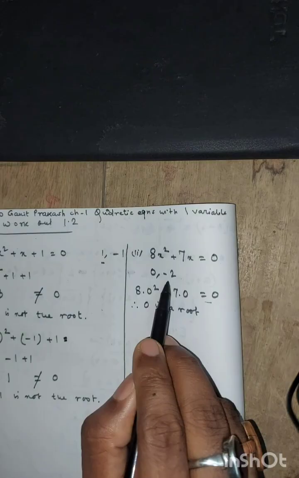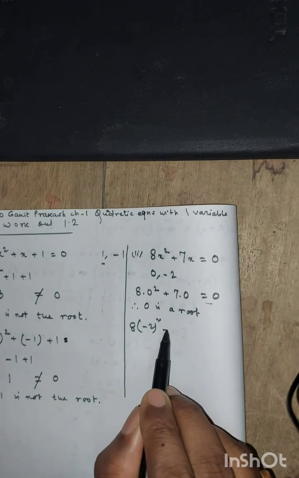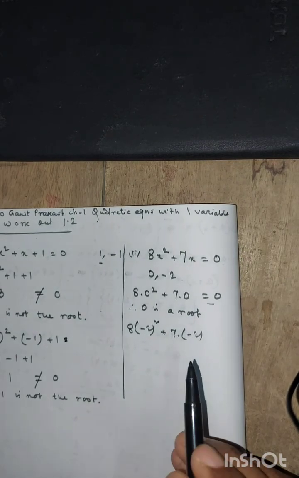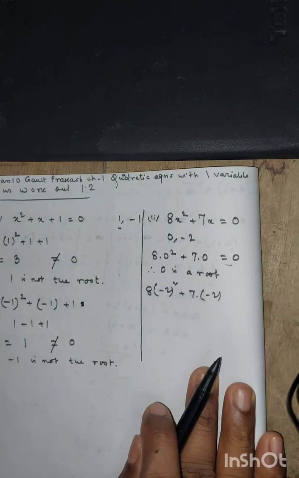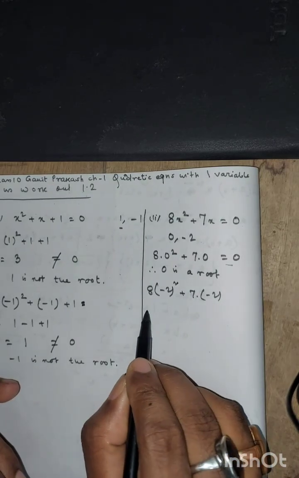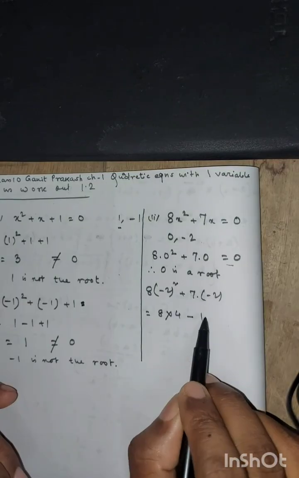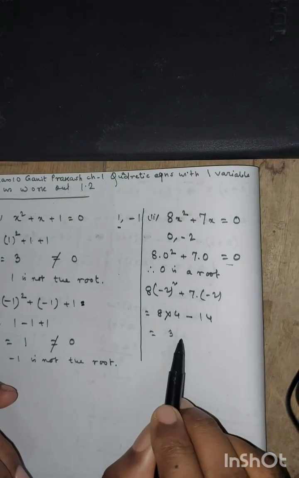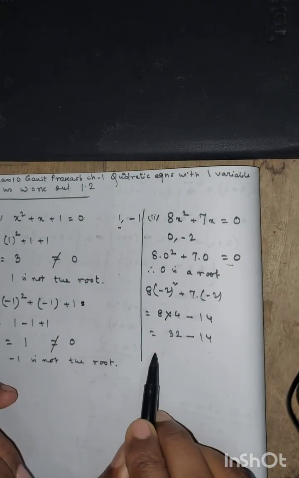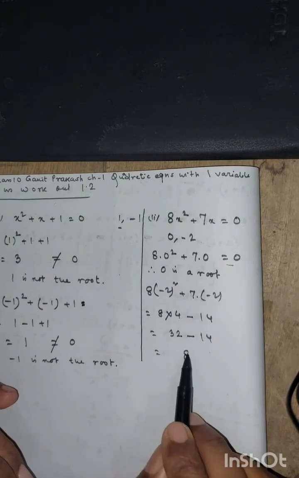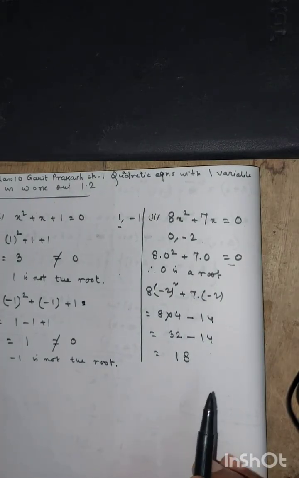Now if we put minus 2 in place of x, now we are getting, so here we can see it is not equal to 0.